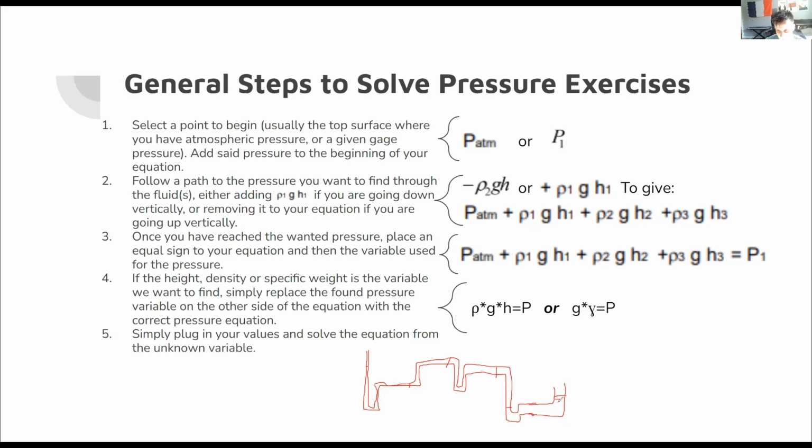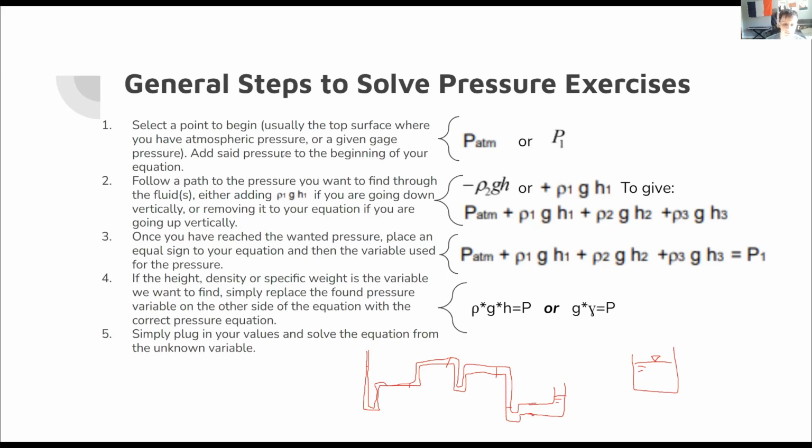And if you remember, if on a fluid you see, let's say it's in a beaker right here, you see this symbol, it usually means that it's touching the atmosphere, hence you assume that it's atmospheric pressure. So let's say we have to find the pressure here in the middle, knowing that on both sides it's at atmospheric pressure.